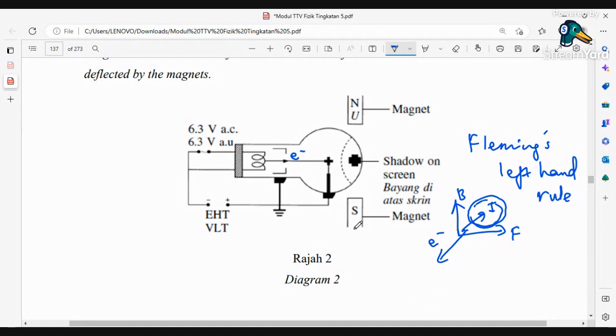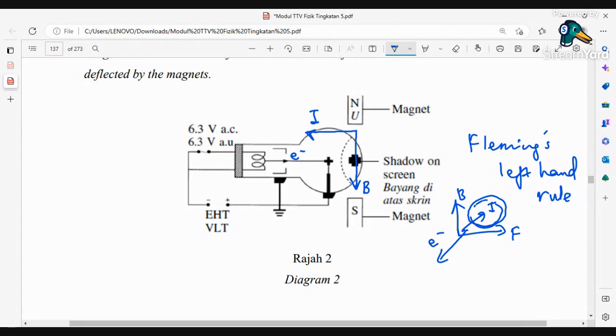So as we can see from here, this is the B, which always points to the south magnet, and the current is in the reverse direction, opposite to the electron.